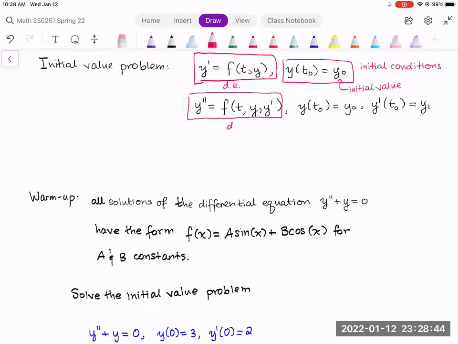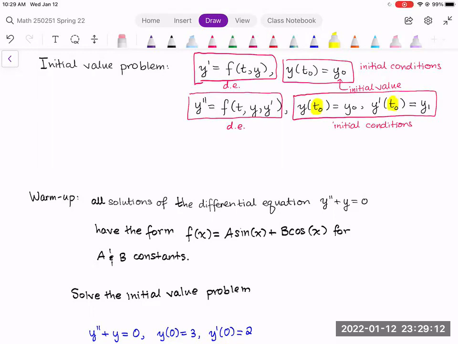So this is some differential equation. And this time when we look at initial conditions, we're going to be able to tell this is an initial value problem because we're going to be evaluating the function and its derivative at the same time.